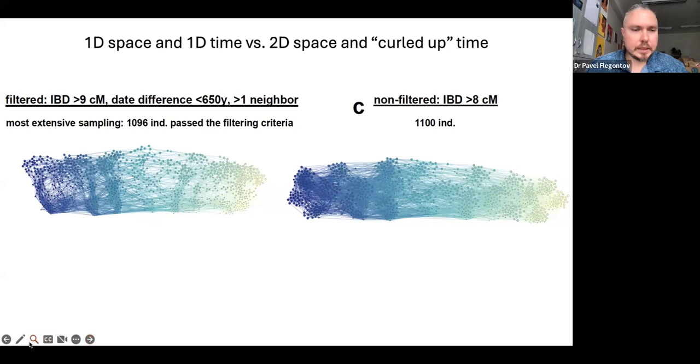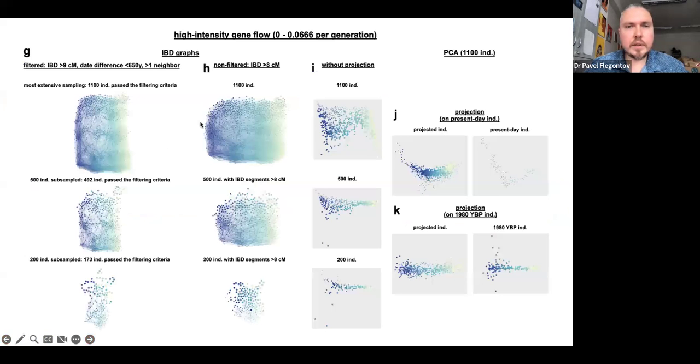But if we have higher gene flow intensity, here there's basically no smaller spatial dimension, and that's why filtering on date difference has very little effect.